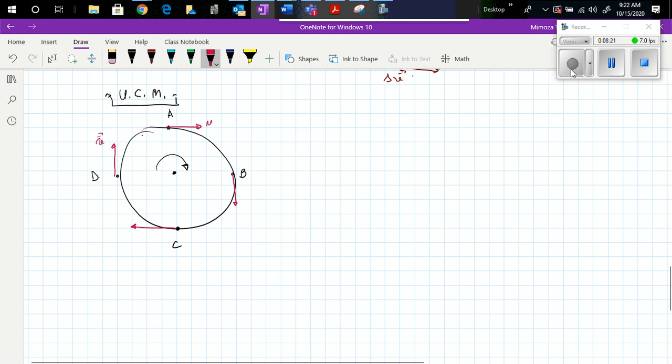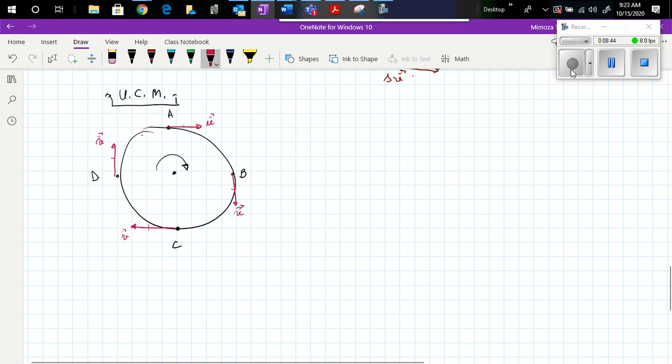So these are the velocity vectors. We established that the velocity changes not because of a change in magnitude, but because of the direction. The magnitude of those vectors is the same.